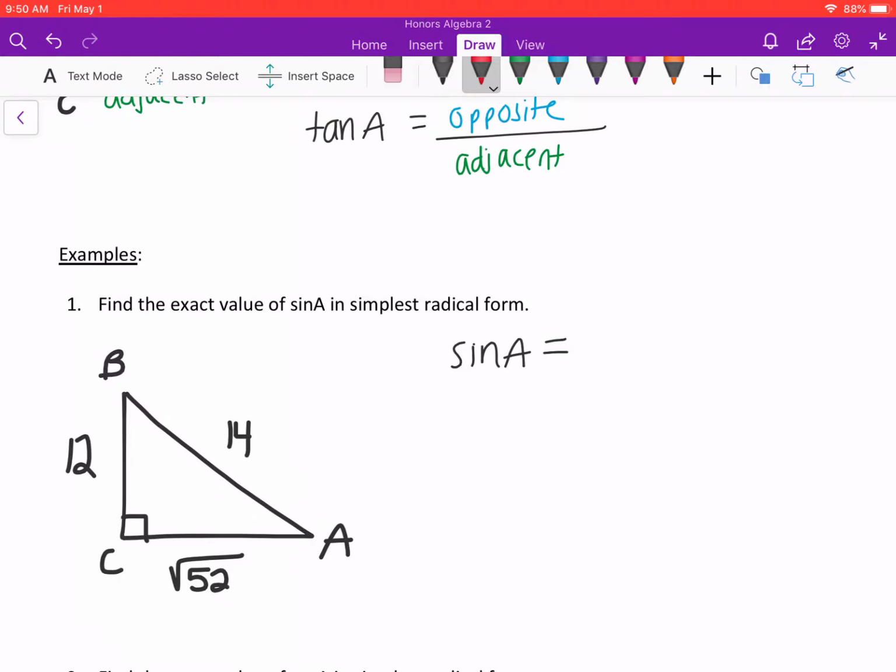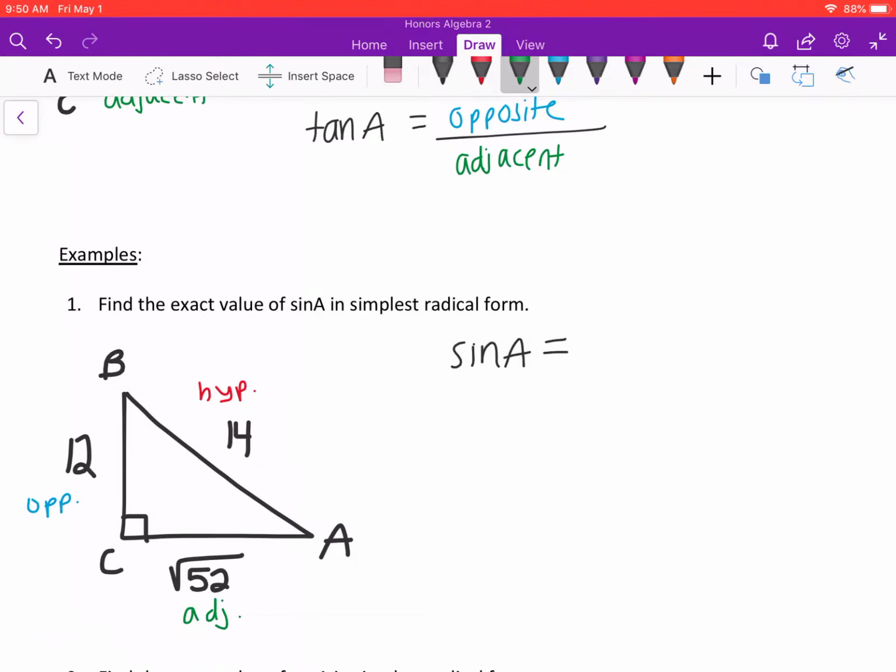So over here, that 14 is the hypotenuse. I'm just going to label it as HYP. 12 is the opposite, so I'm going to write OPP. And that square root 52 is the adjacent side, so I'm just going to label it ADJ.